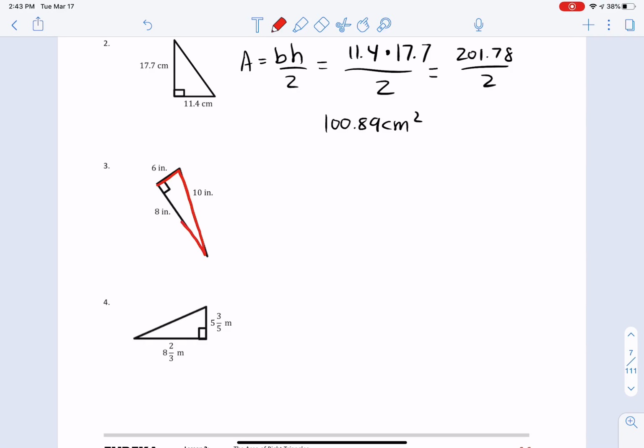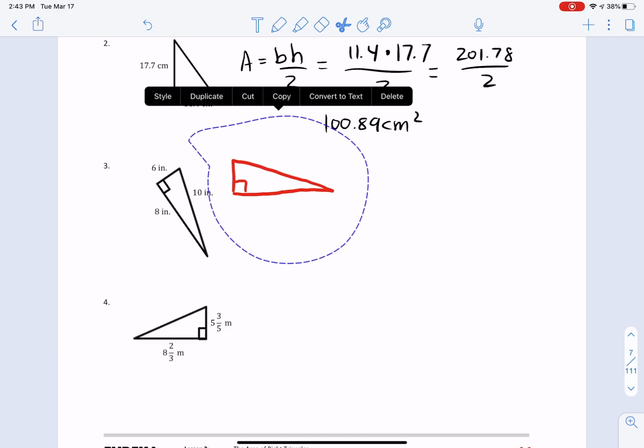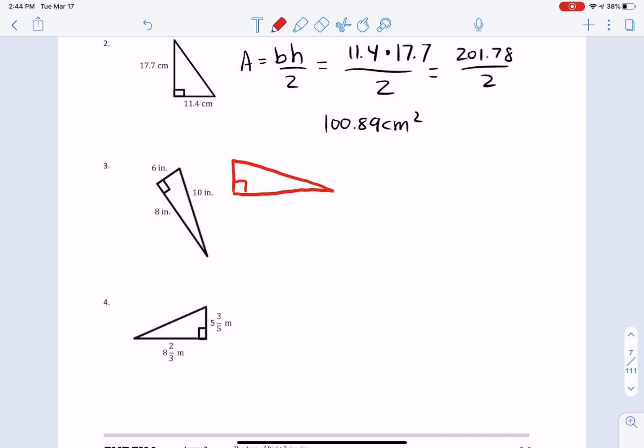So let me go ahead and trace it so I can flip it around and I could actually turn it so that it is on its side. And just like any other triangle, any shape really, it's just a random shape floating in space, and it could be flipped around, it could be rotated, and I did that.